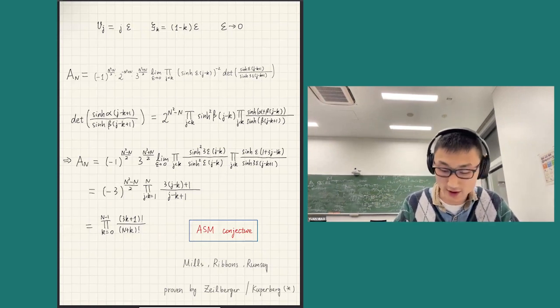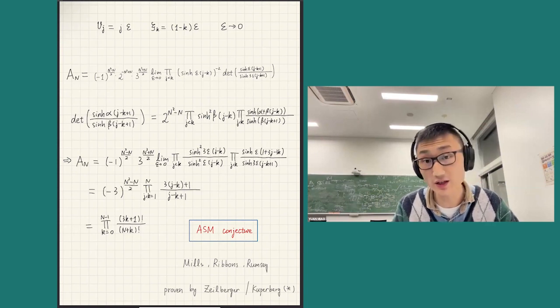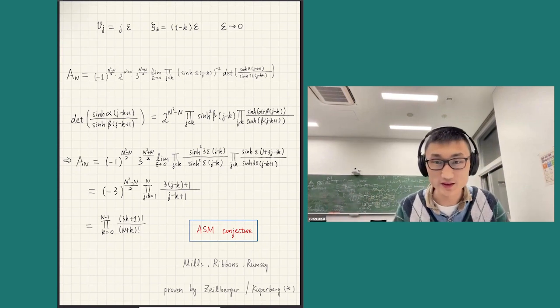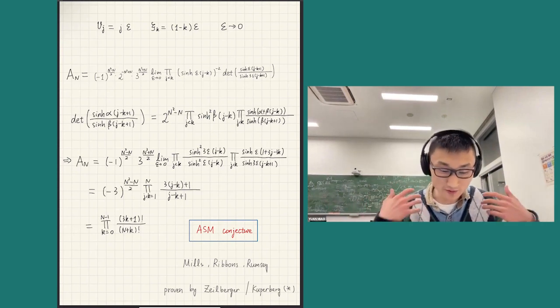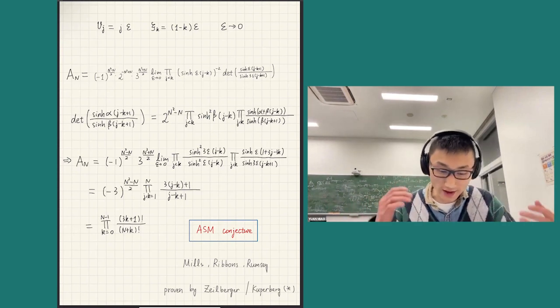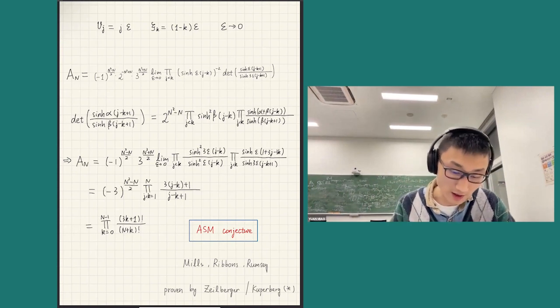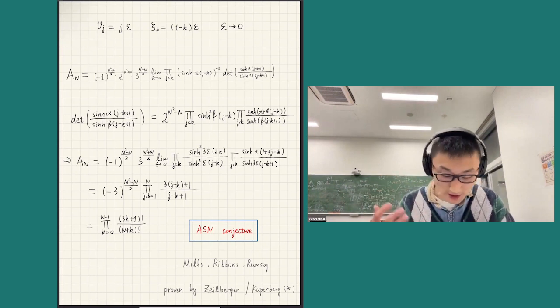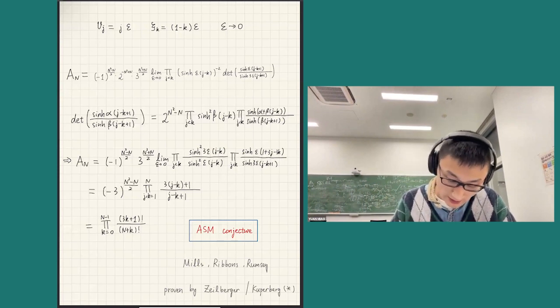So that's essentially the beauty of the six-vertex model: we start with something very, very general, and in the end we can prove some difficult mathematical conjecture just by taking some special limit of the partition functions of the six-vertex model.